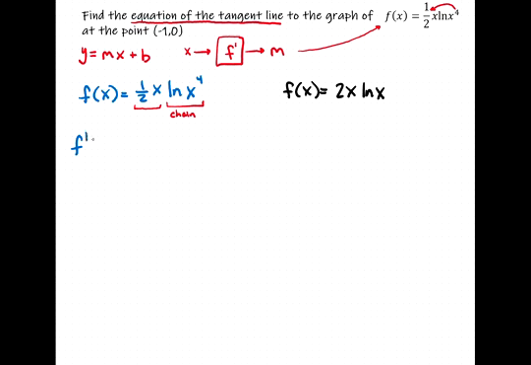So f prime of x, the derivative of f, is equal to the derivative of the first. So the derivative of 1/2 x is 1/2 times the second, which is the natural log of x to the fourth, plus the first, 1/2 x, times the derivative of the second.